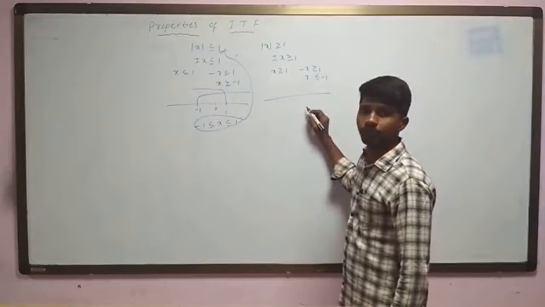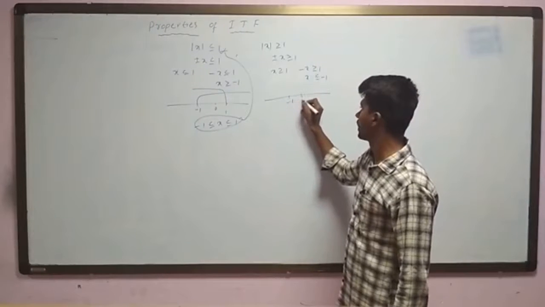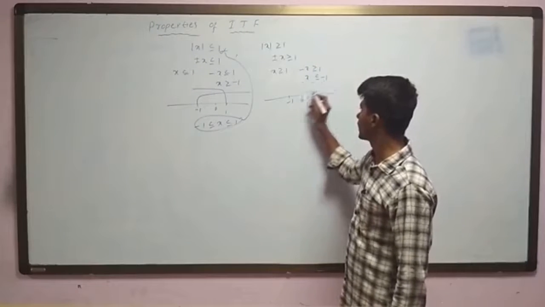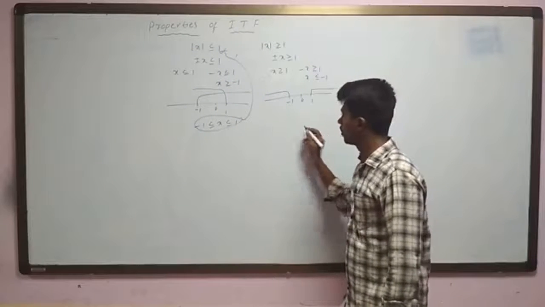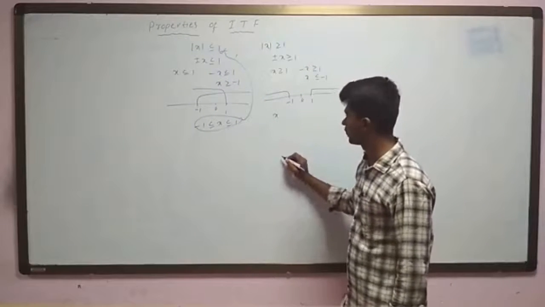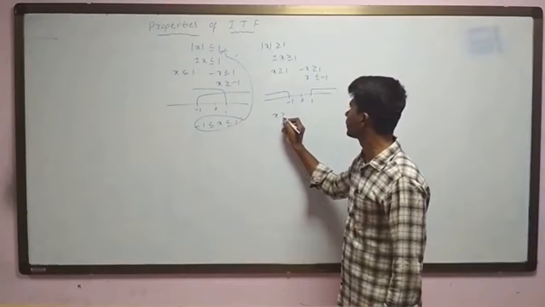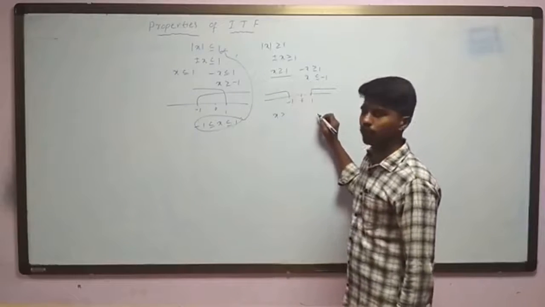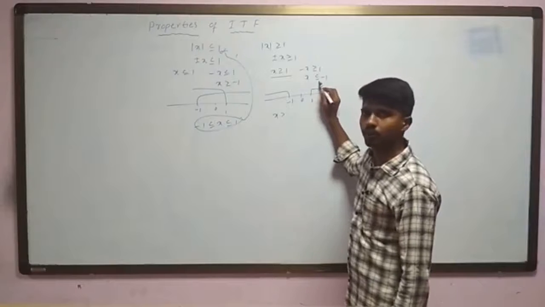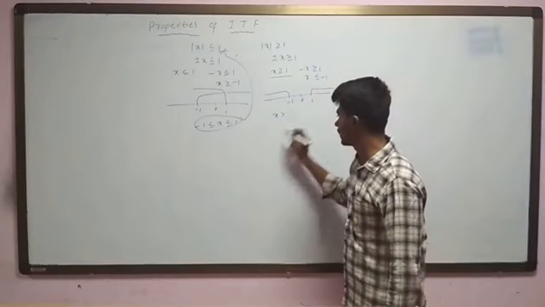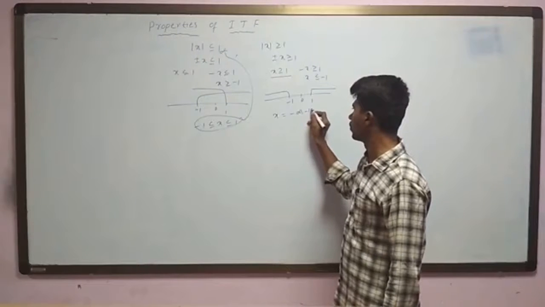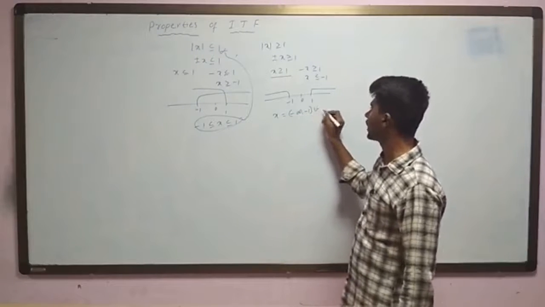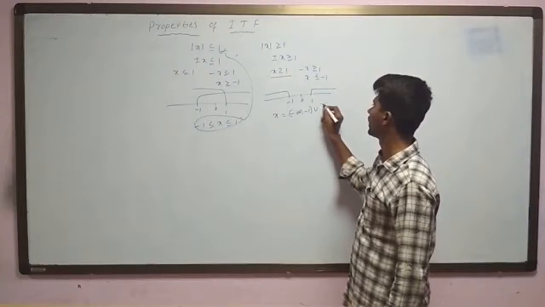Take a number line: minus 1, 0, 1. x is less than or equal to minus 1 or x is greater than or equal to 1. So x belongs to minus infinity to minus 1 union 1 to infinity.